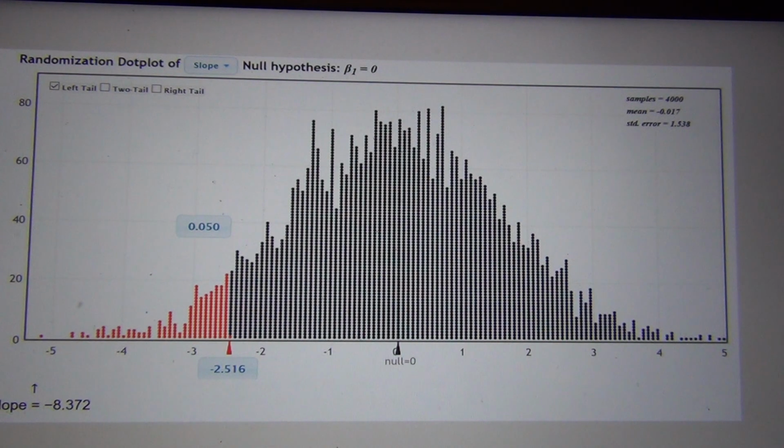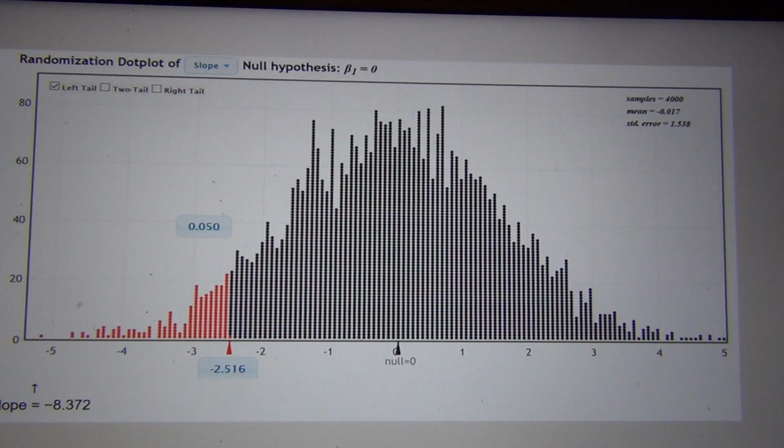Now if we click left tail and 0.05, we get a critical value for the slope. It's important to know what setting you're on, because if you're on the slope setting, you have to use the sample slope, and if you're on the correlation setting, you have to use the R value.